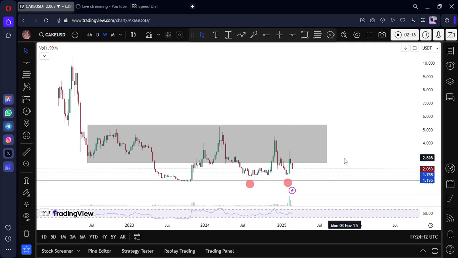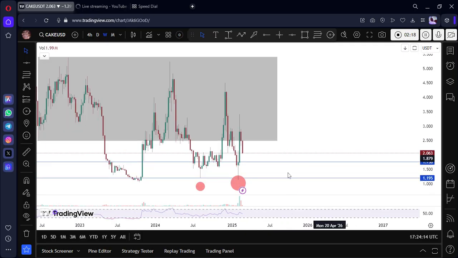Now, if this was not done in retrospect, the upper line would have been my entry one, and the lower line would have been my entry two. This is where I would have launched the 50% entry of my assets, then another 50%.